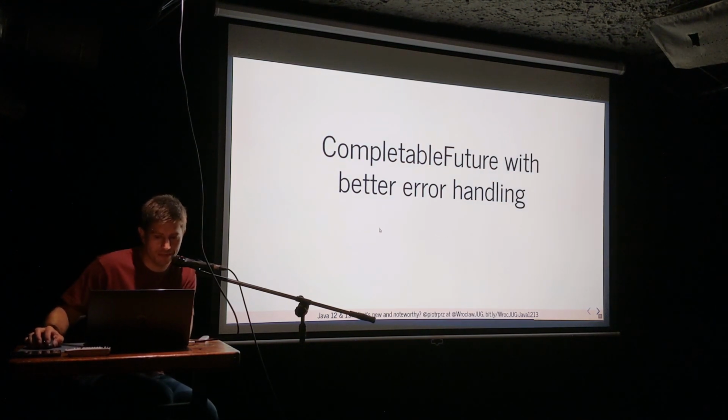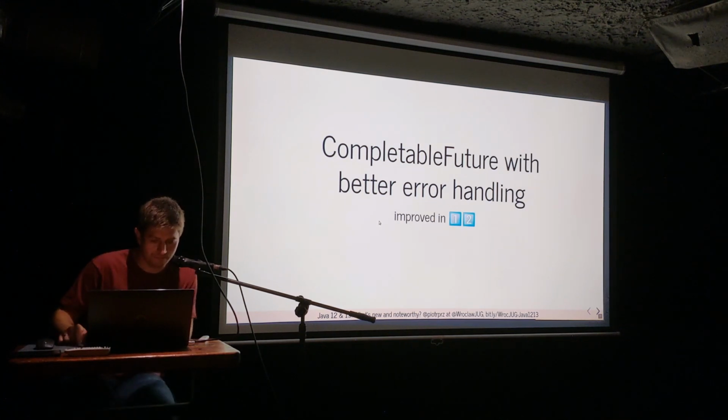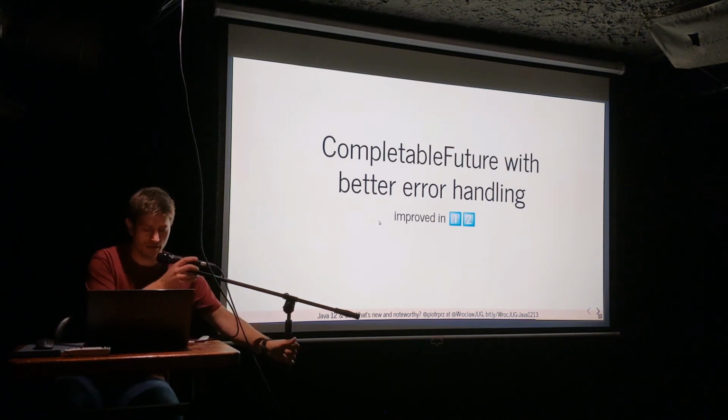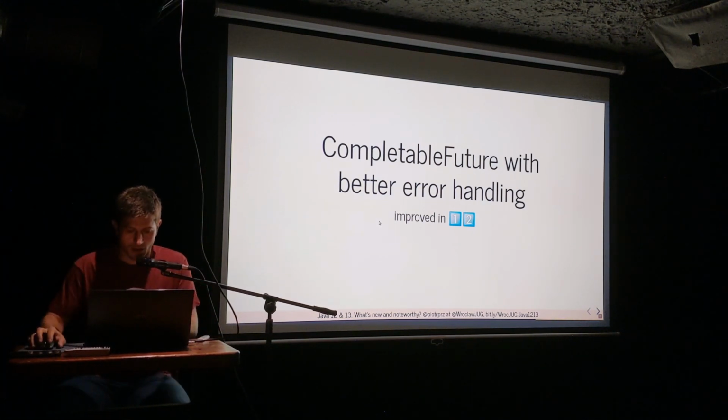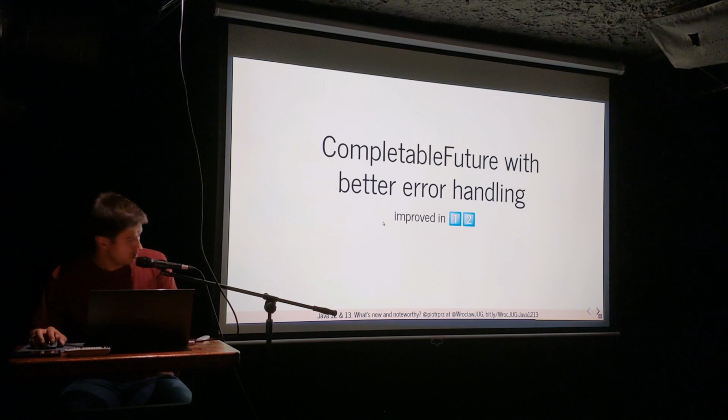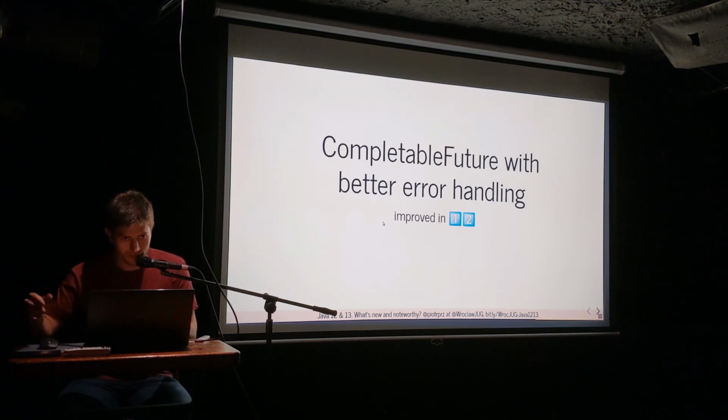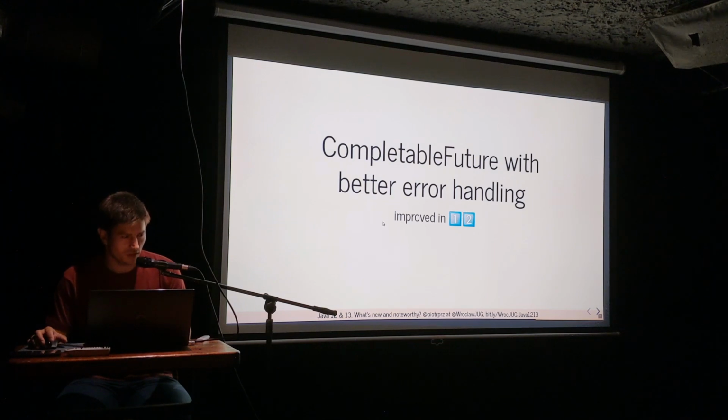CompletableFuture with better error handling. That's also a thing we got in Java 12. Sorry, maybe I'll move the microphone like this. Okay. So of course we know CompletableFutures from previous releases, like Java 8, with the fork join pool and stuff, right?